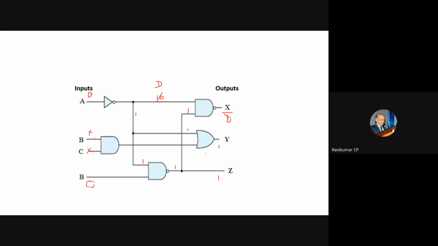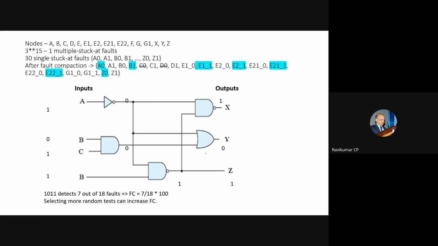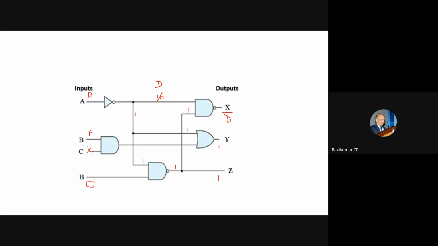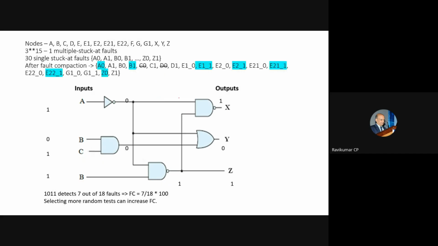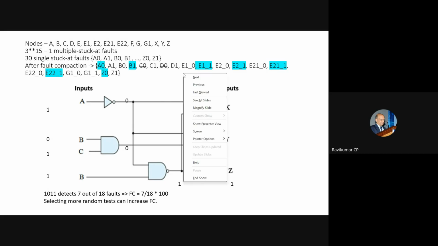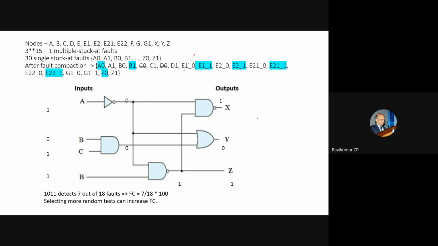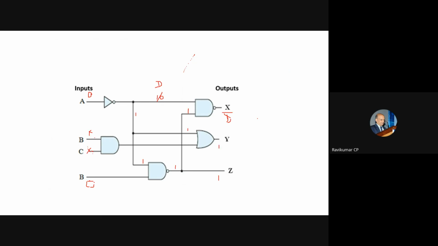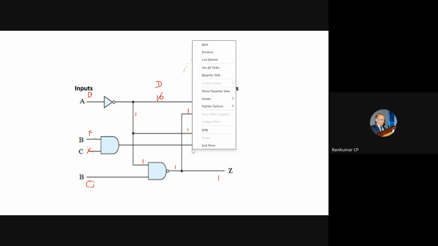What we'll do is, after we pick 0 0 0 0, we can knock off this E1 0. Okay, so this is gone because of the 0 0 0 0. And if you have chosen all zeros, then this will become a 0 here. Okay, so this will have a 0 here.